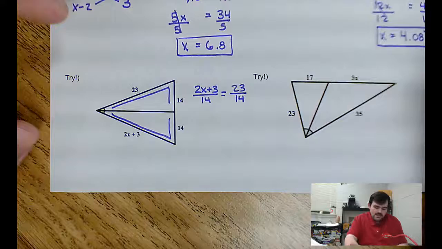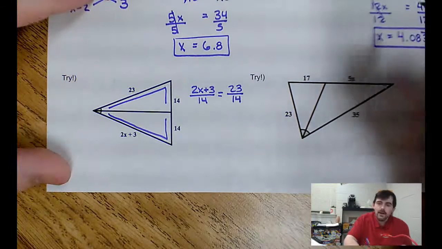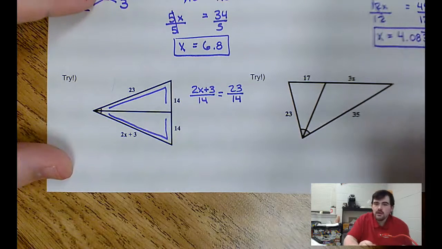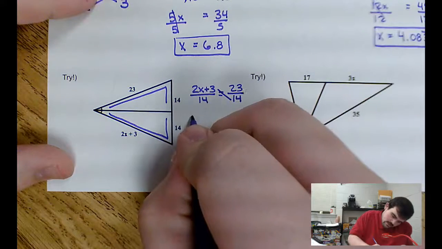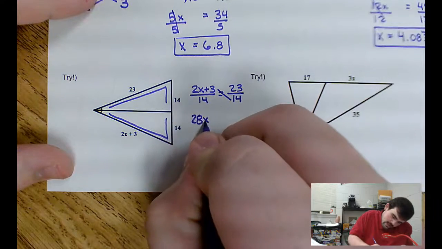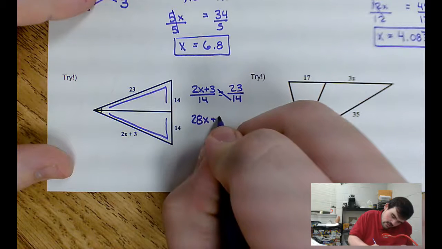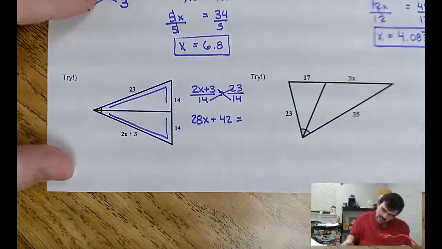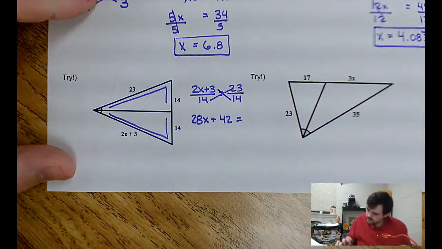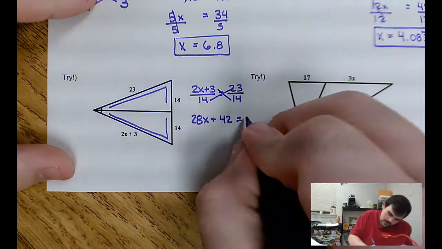But we're going to solve this the same way we have been, but we could do this a lot quicker just by dropping the 14s. So 14 times 2x plus 3 is 28x plus 42 equals 14 times 23. Don't know that one in my head. 322.